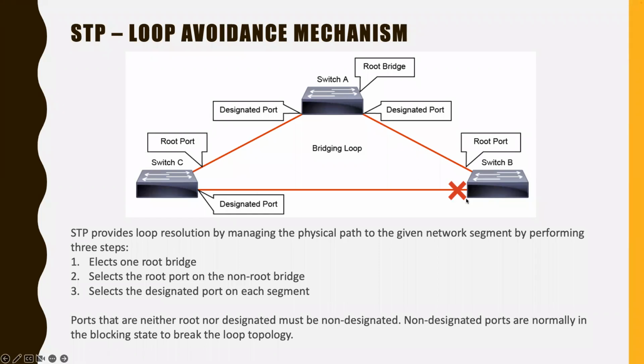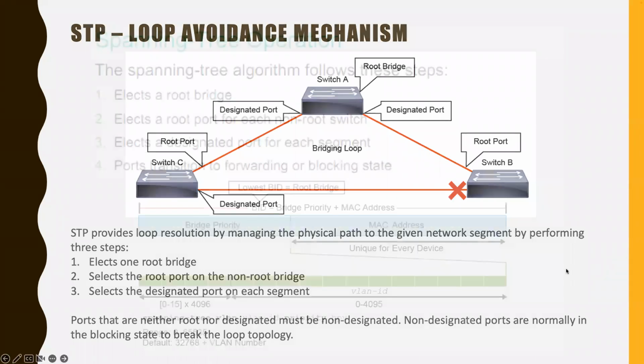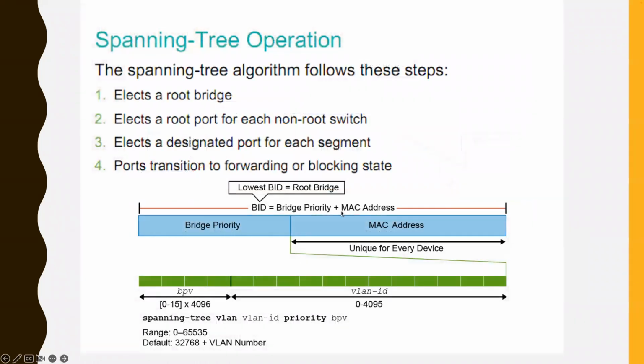The other one is neither a designated port nor a root port, so this will be blocked. That's how we have made it a tree kind of structure, not a loop kind of structure. At a high level, this is the STP algorithm.